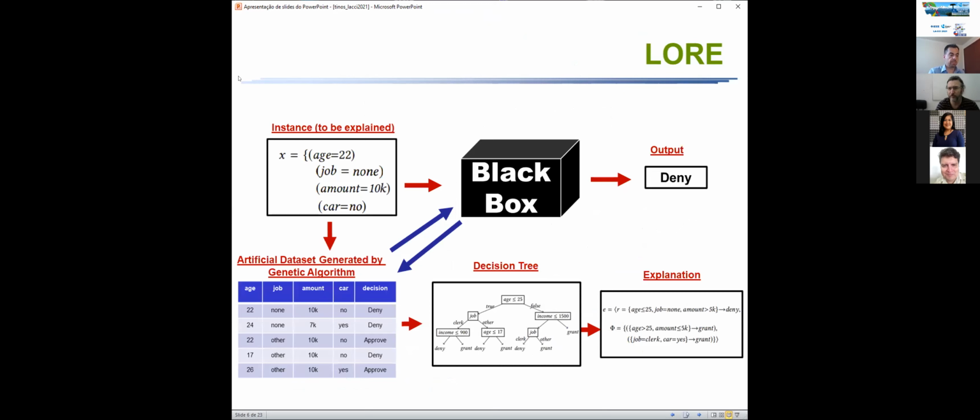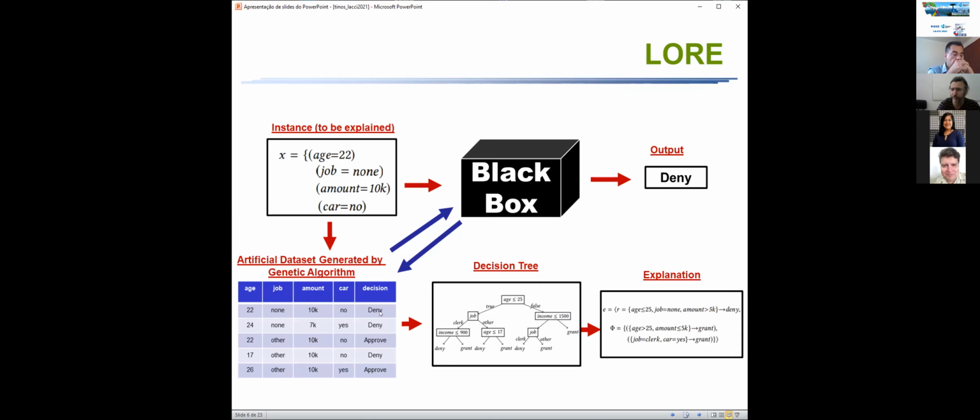So this is the basic idea of LORE. We have an instance to be explained. We have a black box model, for example, an artificial neural network that was already trained. Then the genetic algorithm generates an artificial data set with instances close to the instance to be explained, and with the same decisions taken by the black box model.